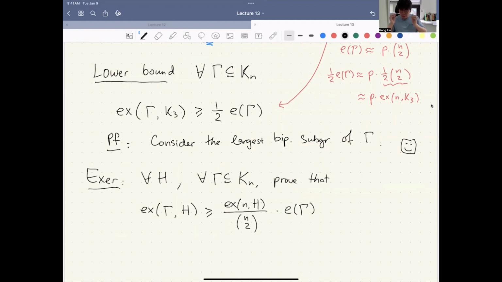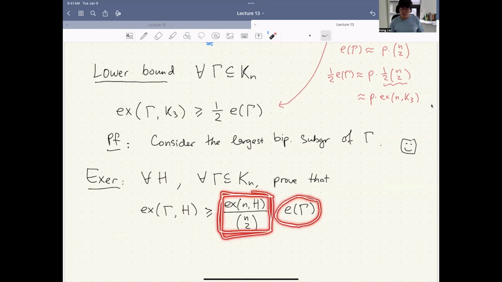I'll give you the hint. The proof basically: you want to say in Γ, you can choose a subgraph that has roughly this proportion of edges and is H-free. So all you need to do is to consider a large graph that is the maximizer for H-free, the extremal graph for H. Take this graph and then you randomly overlap it with Γ.